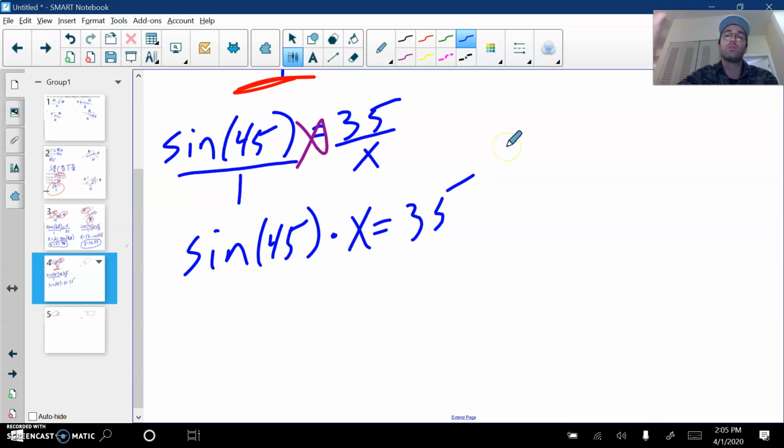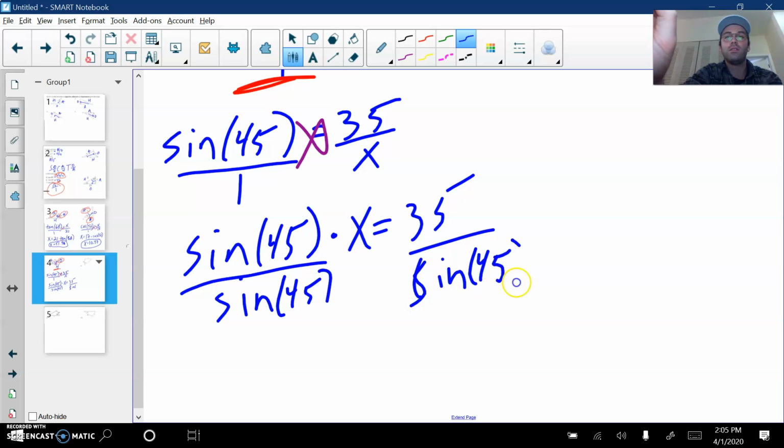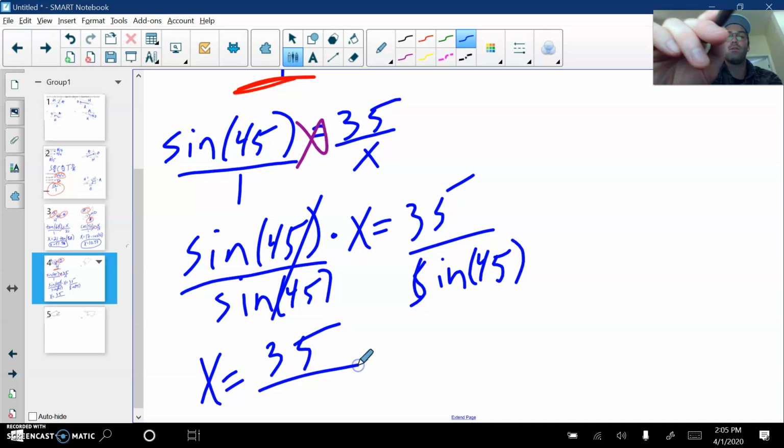Okay, so this is what trips people up. On this one, when X is in the bottom of my trig ratio, I'm going to divide the side length by the sine of 45 instead. What the heck? These will cancel out, and X is, and I'm going to write it as 35 over sine of 45.